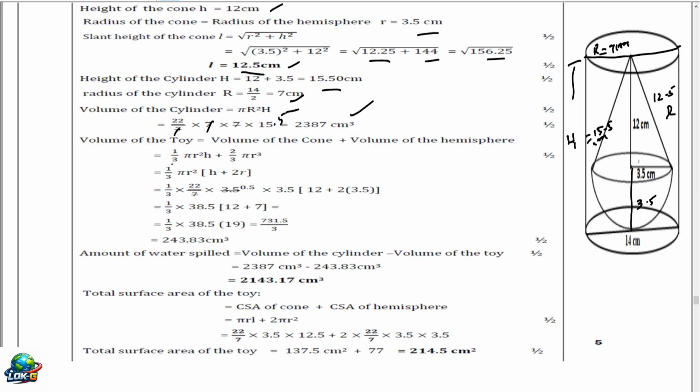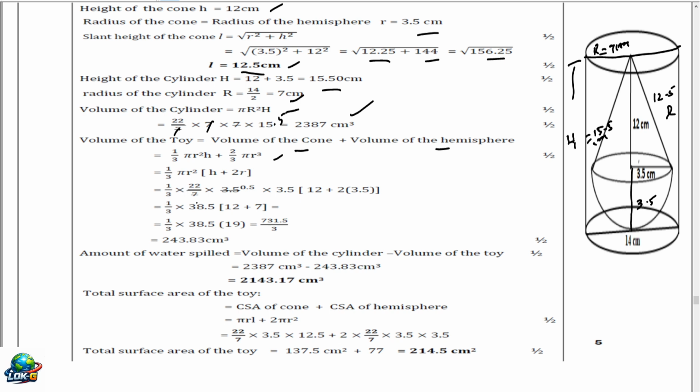Okay. Next, volume of the toy. Volume of the toy will be volume of the cone plus volume of the hemisphere. Volume of the cone is 1 by 3 pi r square h, plus 2 by 3 pi r cube is the volume of the hemisphere. If you take 1 by 3 pi r square common, you are left with h plus 2r.